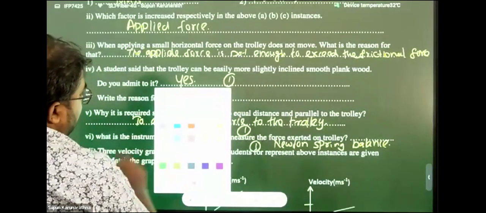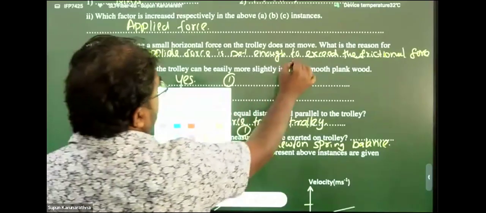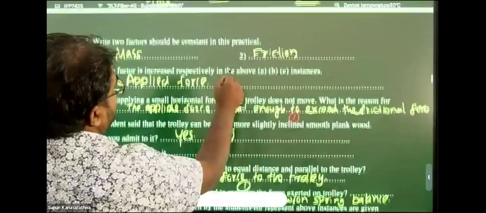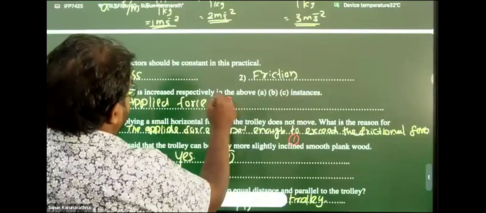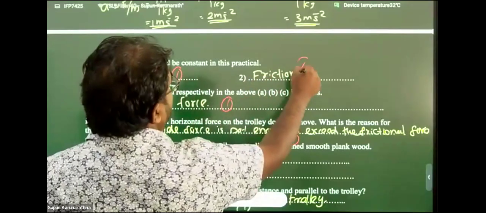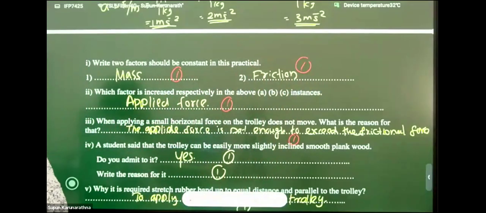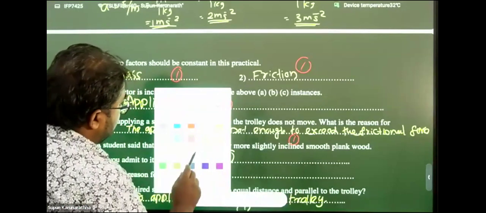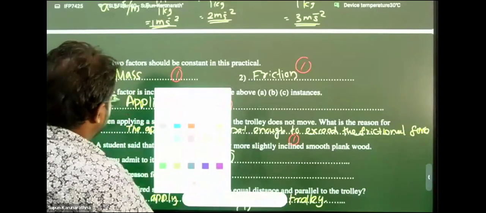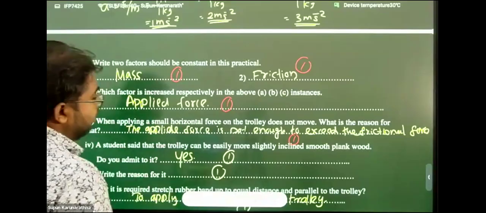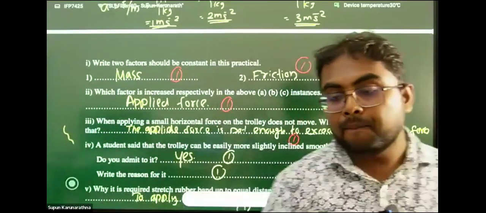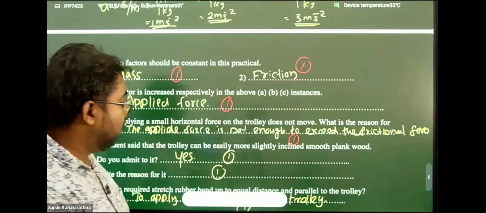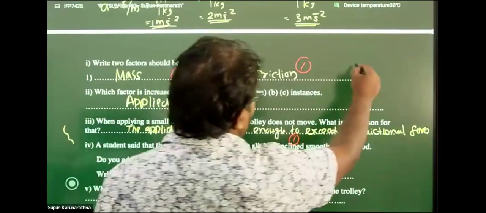It's also 1 mark. And also 1 mark, 1 mark, 1 mark. Likewise, calculate the marks and put them in. So how many marks do you have out of this question? Right, out of the 15 calculated, just put your marks.